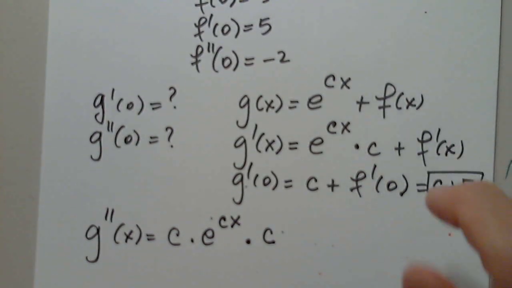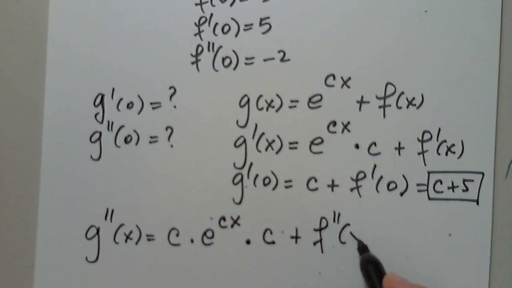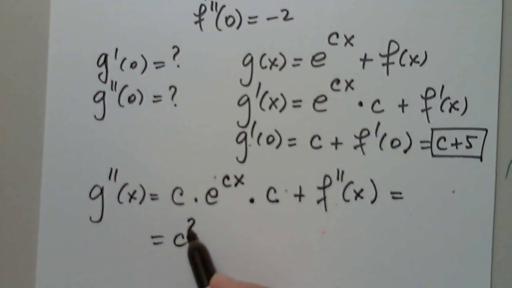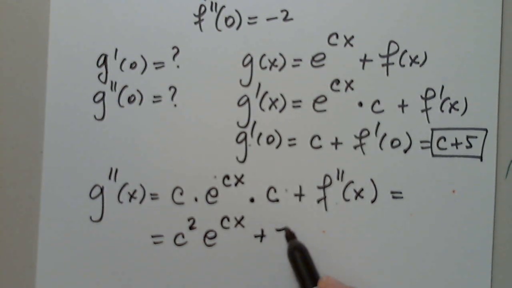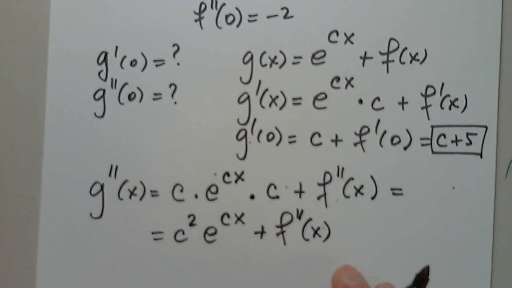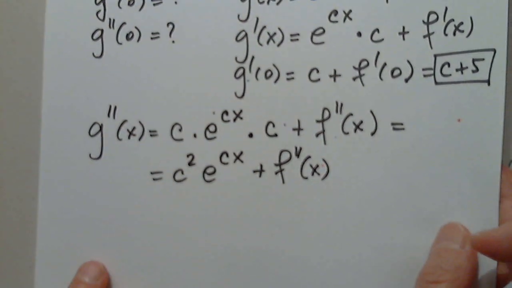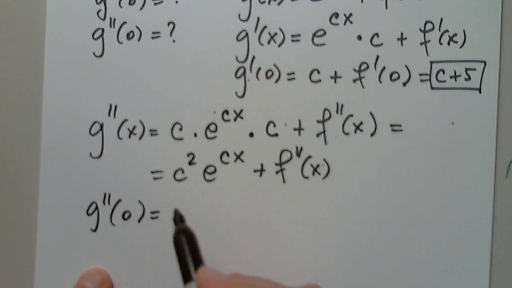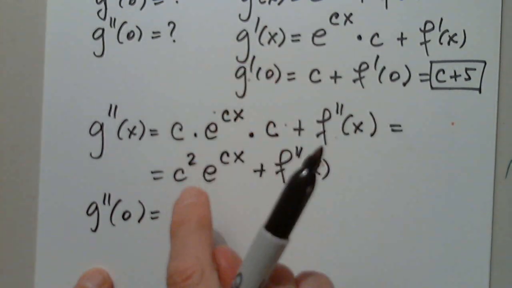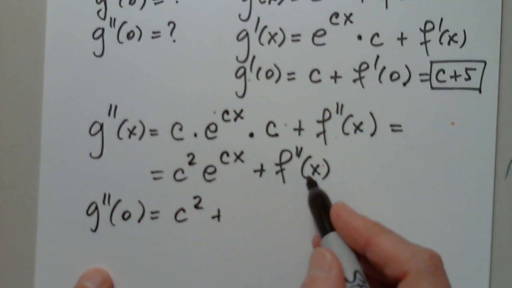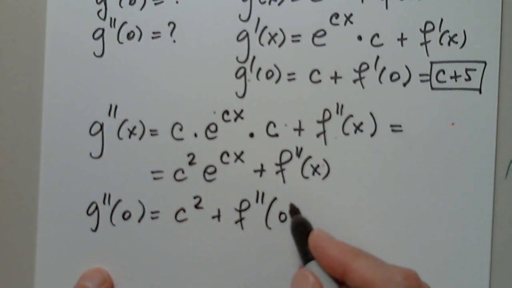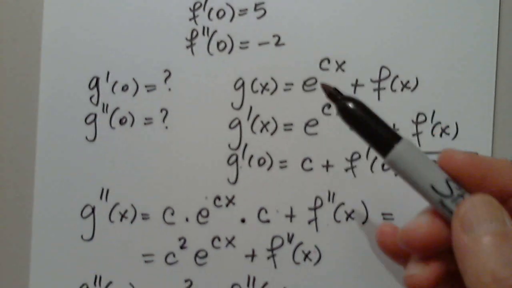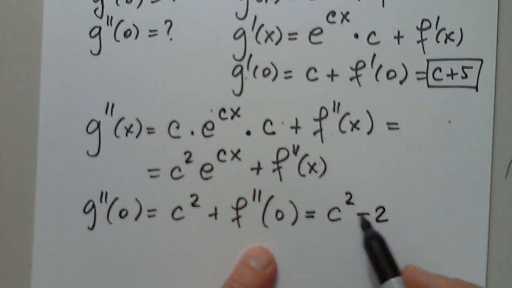Yes, c, that's perfect. Plus the second derivative of f. c times c is c squared, e to the cx plus the second derivative of f of x. Okay, so the second derivative at 0. e to 0 you already told me is 1, so this is c squared plus the second derivative at 0. But the second derivative at 0 is -2. So then this is c squared minus 2.